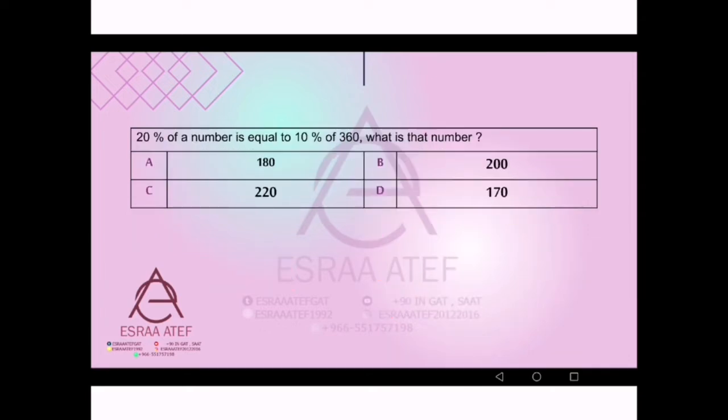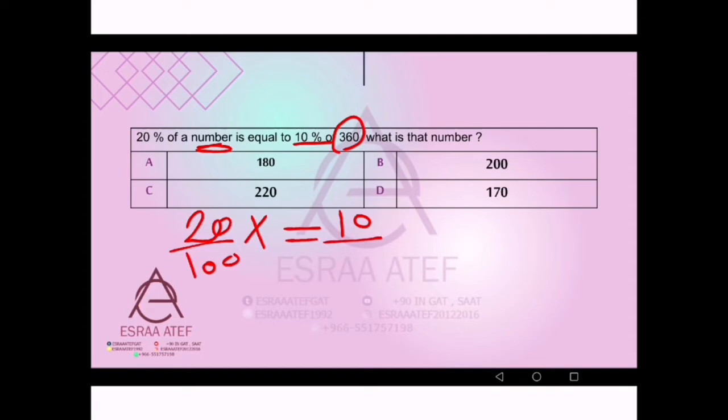Next one: 20% of a number is equal to 10% of 360. What is that number? It will be a normal equation. 20% means 20 over 100. 20% of the number x equals 10%, which is 10 over 100, times 360. Then we will simplify. This 0 goes with this 0, and this 0 with this 1, and then we have 36 here.